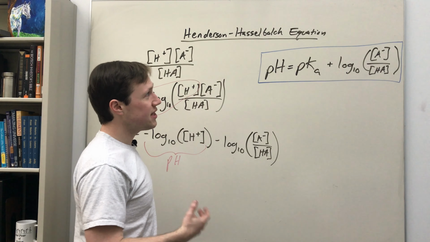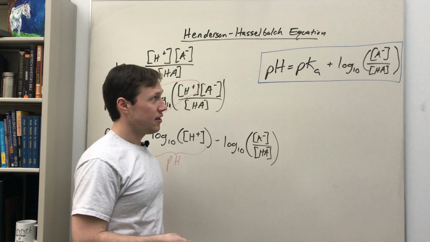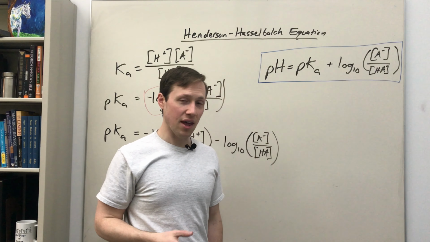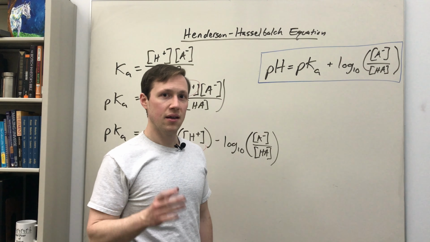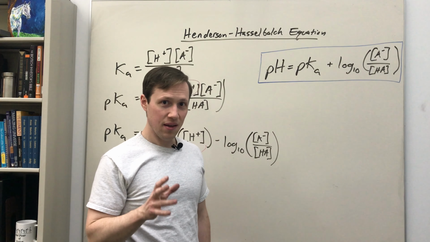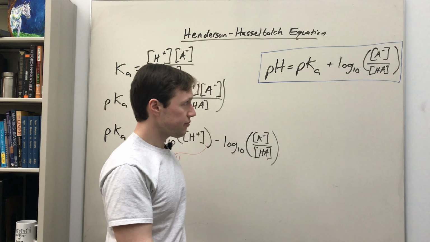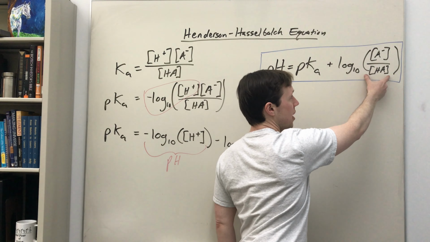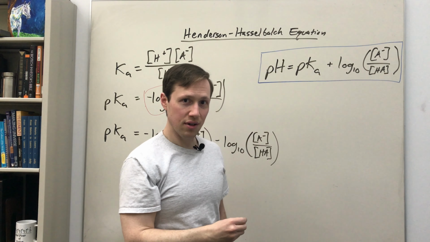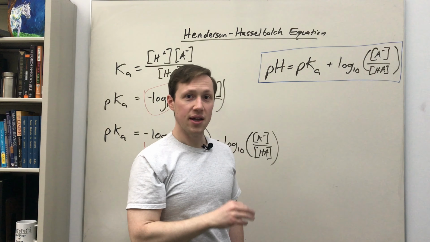If you know the pKa of the acid, and you're given the concentration of the acid and conjugate base, you could plug them in here, potentially without ever doing an ice table. However, that's only true if the approximation that these amounts change very little when they reach equilibrium is true.